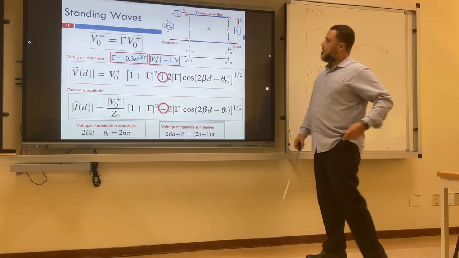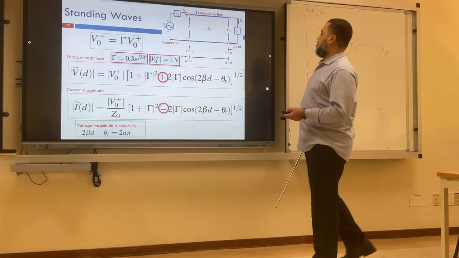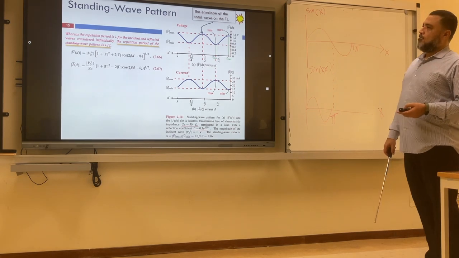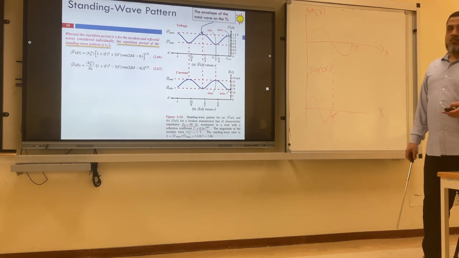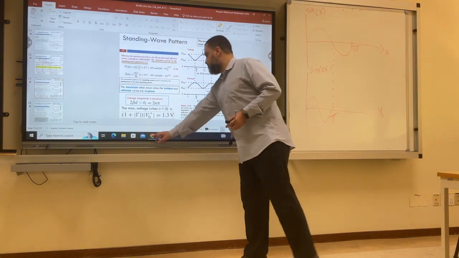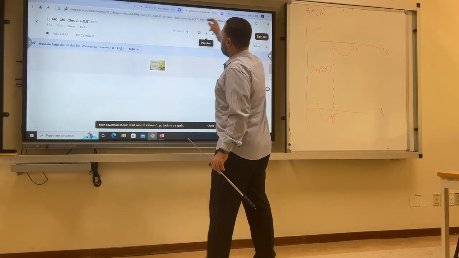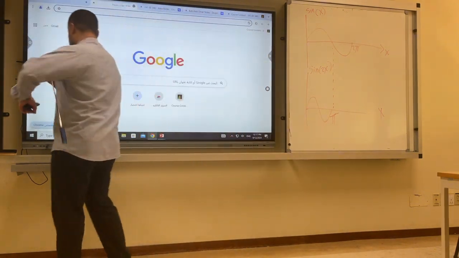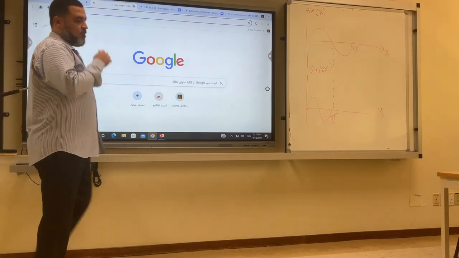Well, we can make the incident wave a car and the reflected wave a car. If they are moving towards each other, the relative speed of one car to the other is double the speed of one of these cars.